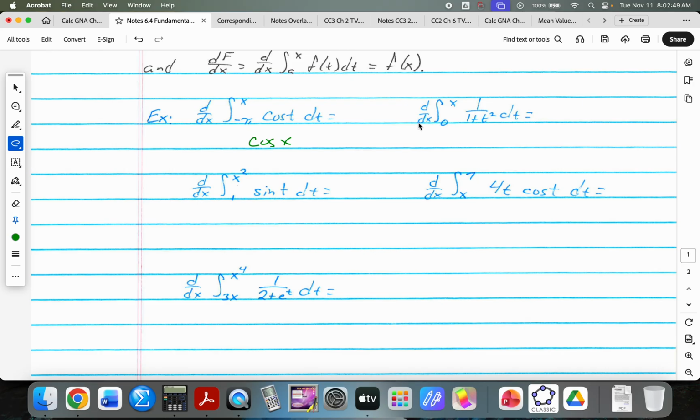All right, so here, same thing. The derivative with respect to x of the integral from 0 to x, as long as this is a constant on the lower limit, we're good to go. This is just 1 over 1 plus x squared, and that's it.